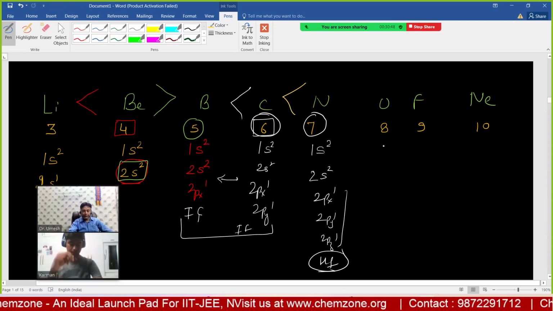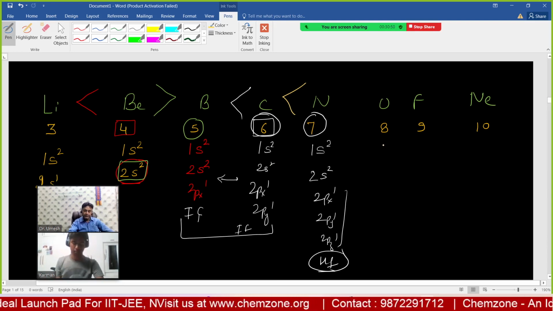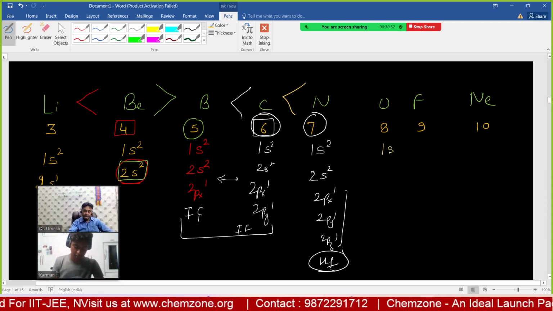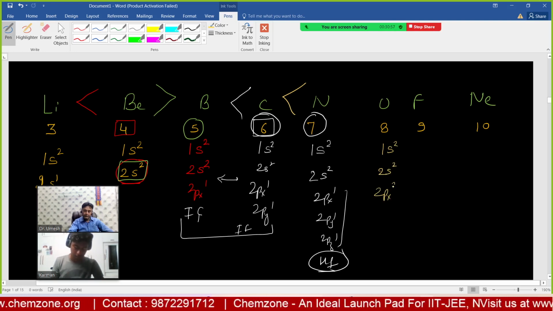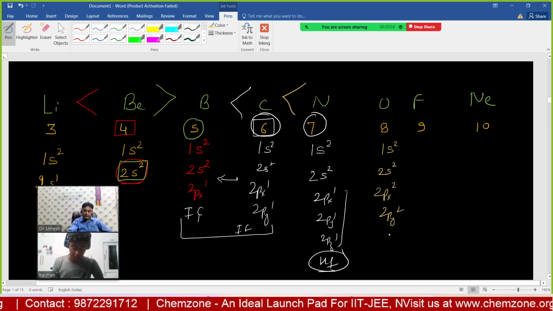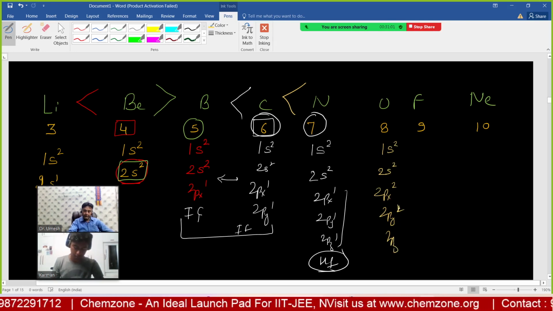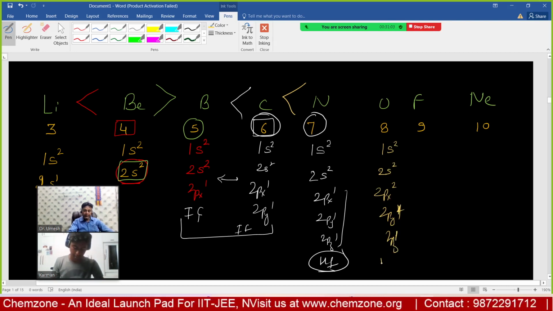What about oxygen? Write the electronic configuration. 1s2, 2s2, 2px2, 2py1, 2pz1. So it is incompletely filled.